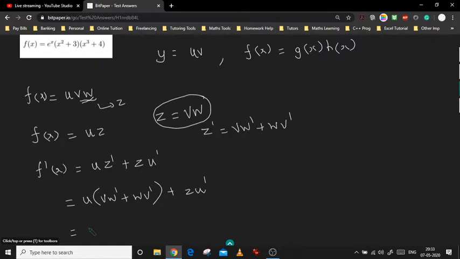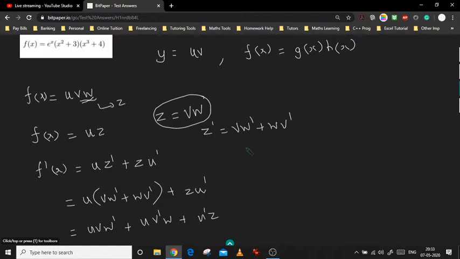So this is going to be u v w dash plus u v dash w plus u dash and z. This may look intimidating, but nevertheless it's going to be easy.